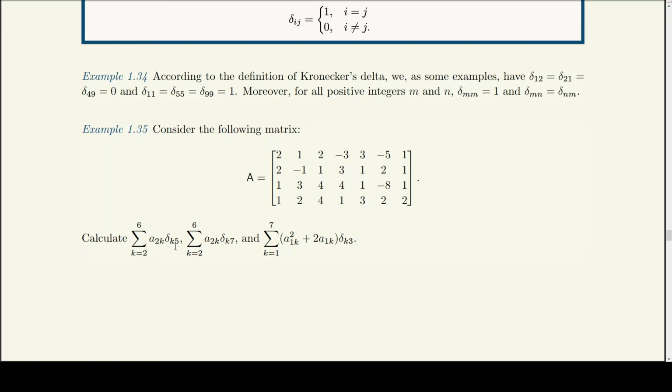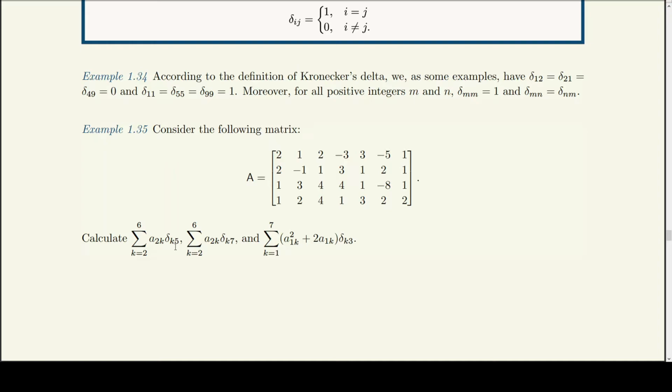It would take a long time to write that matrix here, so let me just write the sum: k equals 2 to 6, of a sub 2k times the Kronecker delta k 5.